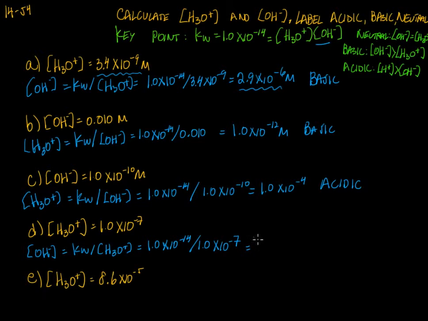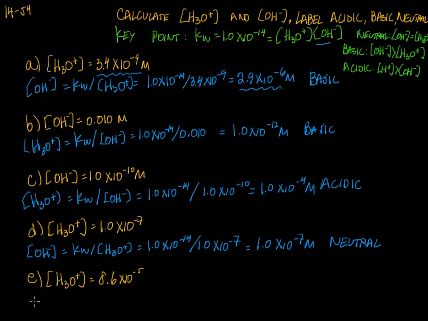And you may know this already, but it comes out to be 1.0 times 10 to the minus 7 molar. Okay. Here the H3O plus and the hydroxide concentration are exactly equal, so it's neutral. Doesn't matter what those values are. If they're equal, we call the solution neutral. Okay. For pure water at 25 degrees Celsius, that's the concentration.